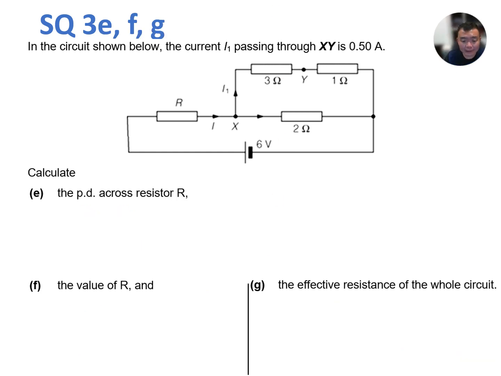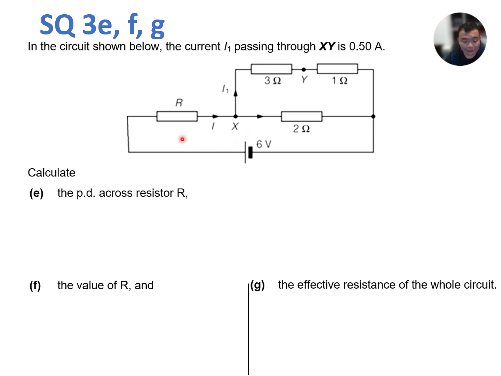Now in part E, you are to calculate the voltage across resistor R, and in part F, the resistance value of this resistor R. And finally add up all the resistance together to get the effective resistance. So we know from just now that the voltage across the whole parallel branch here is 2 volts, and these 2 volts must be summed with the voltage across R to get us 6 volts.